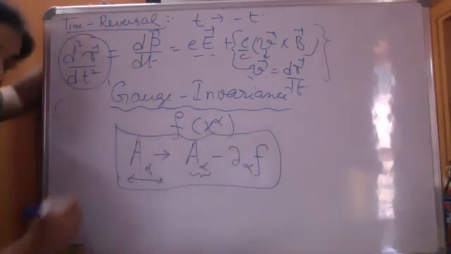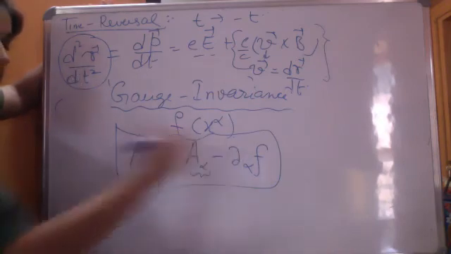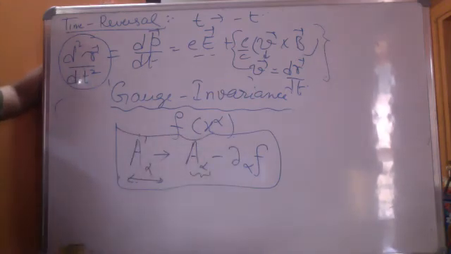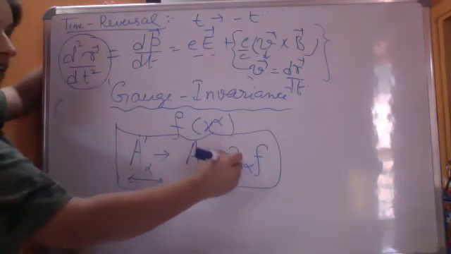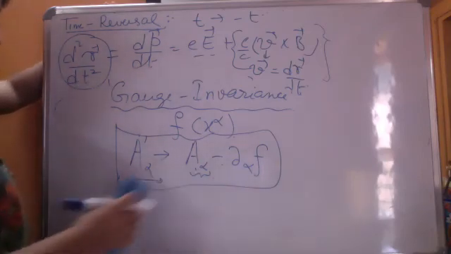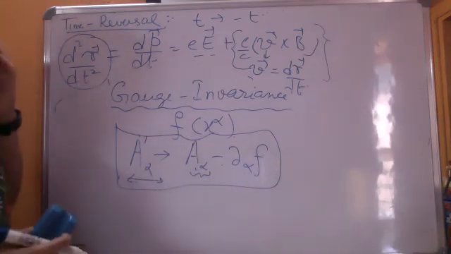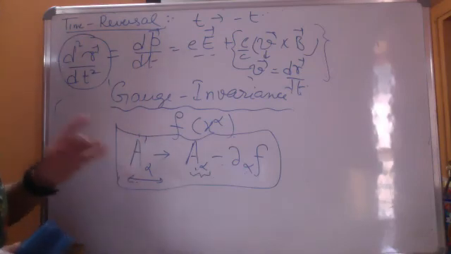How can I show you this? Let us see how the transformation of changing A alpha to A alpha minus del alpha f changes my equations of motion. Now, changing my equation of motion would mean seeing how this changes my action, right?